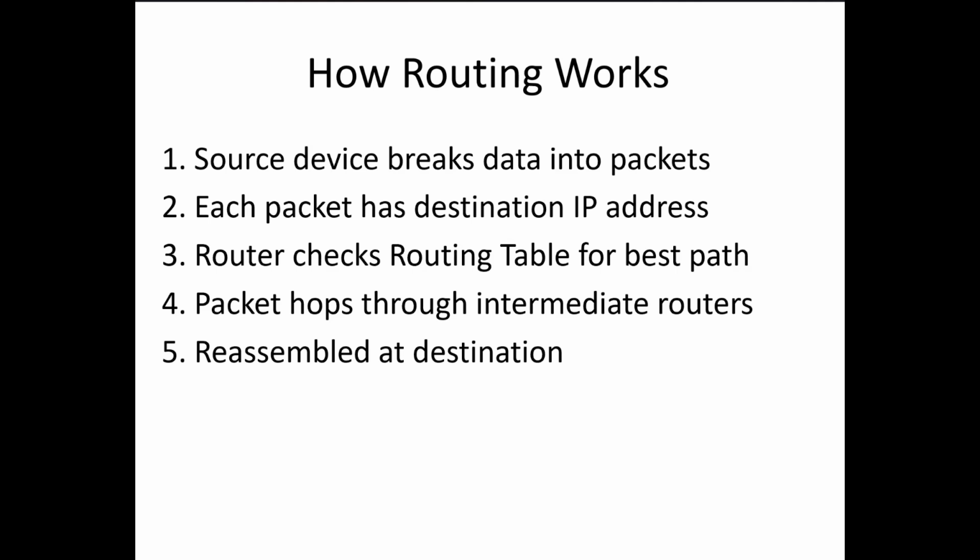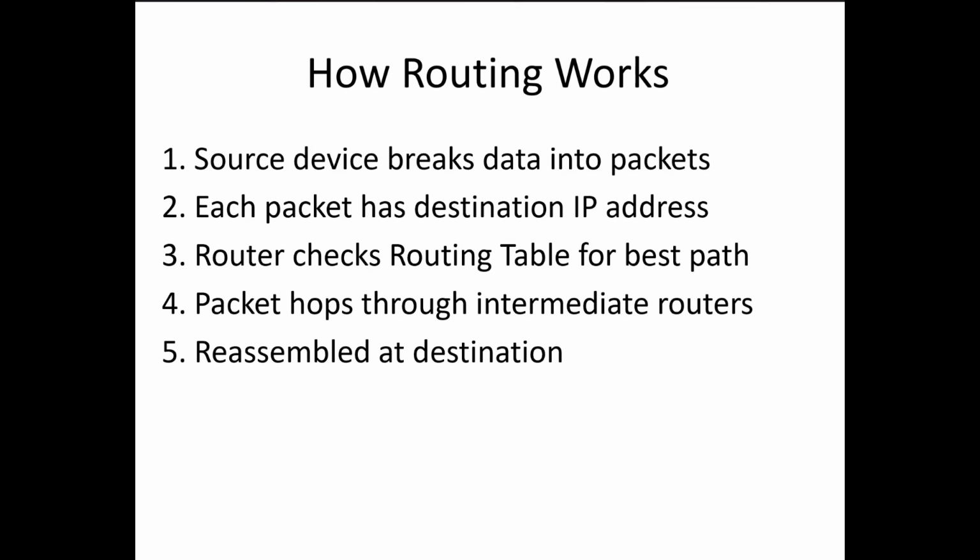You may need to write the address of your friend, or the name of your friend to whom you are sending that piece of cake, right? So similarly, every data packet will have the destination IP address written along with it.